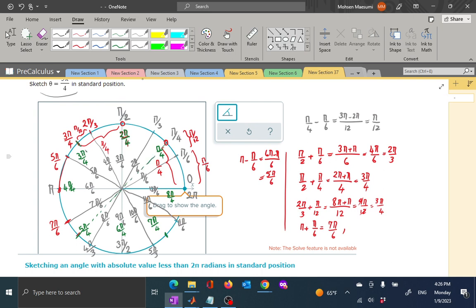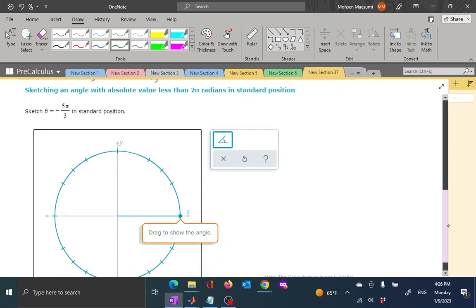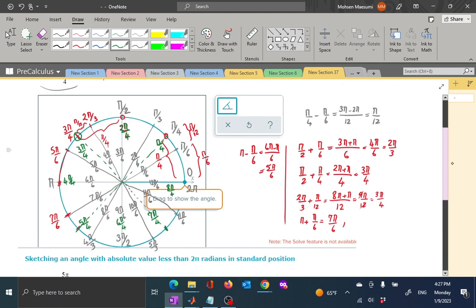This is multiples of pi over 4. And this is 3 pi over 4. So you're supposed to open here the handle all the way to here, and then you'll be all set. Minus 5 pi over 3. So minus 5 pi over 3.